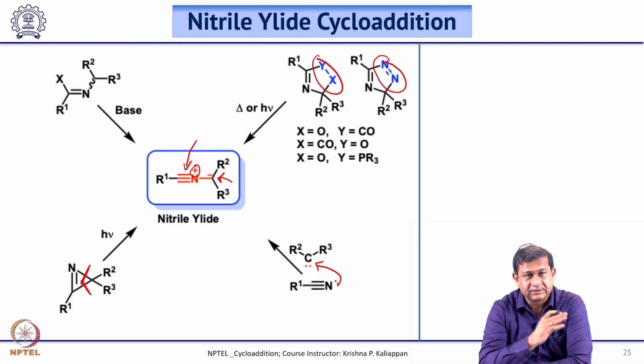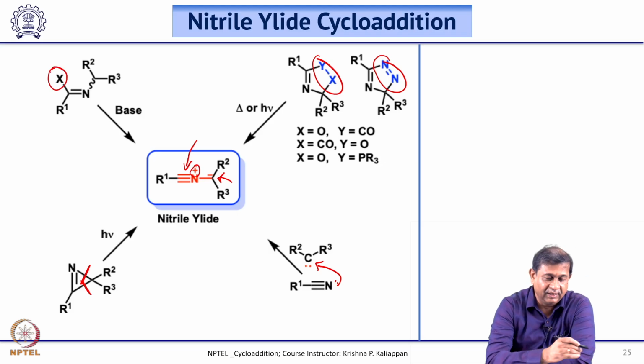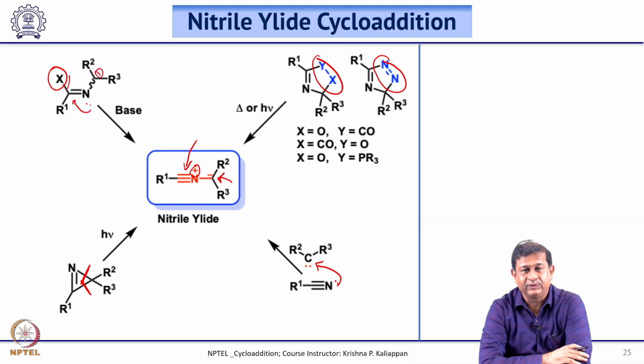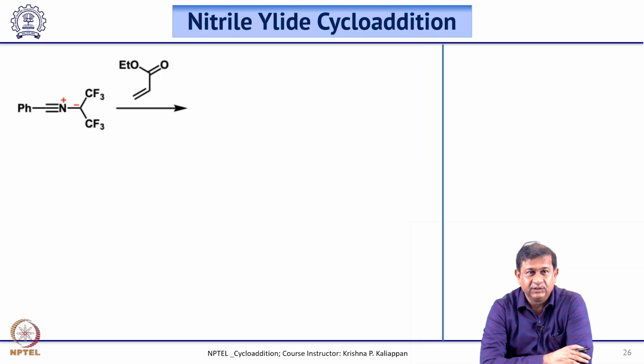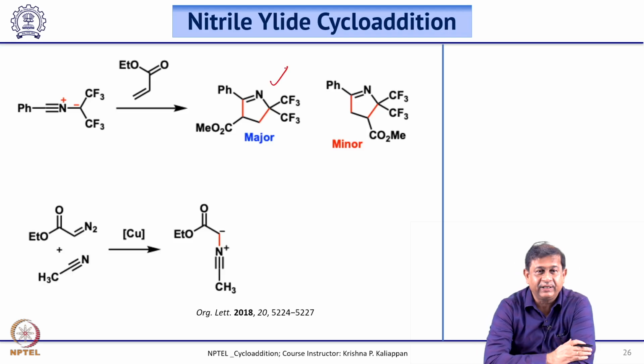Last option is if you have an imine having a leaving group at the alpha position. Now, if you treat with base, first a nitrile will form, then followed by elimination of anion, one can make nitrile ylides. So these nitrile ylides, like other dipoles, can undergo 1,3-dipolar cycloaddition, and here this is the major product.